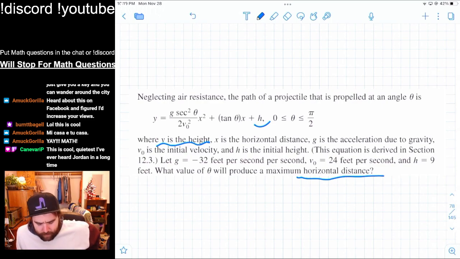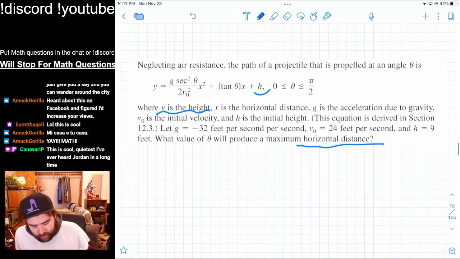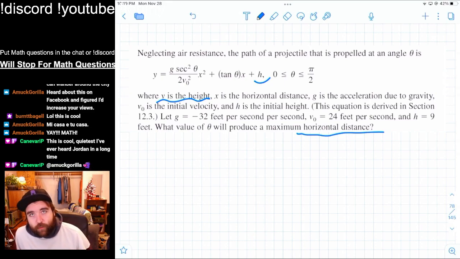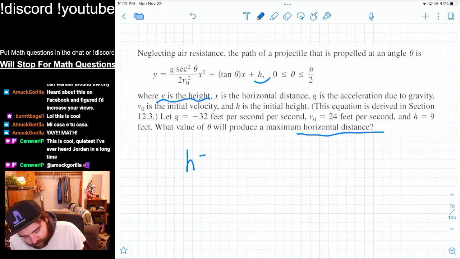But that's what we want to maximize for. So is it going to be best to solve for that? Because when we tried to maximize the function, we wanted it solved for the function. So I think we'd be best off here. We solve it for h. So we go h equals y minus all of that.